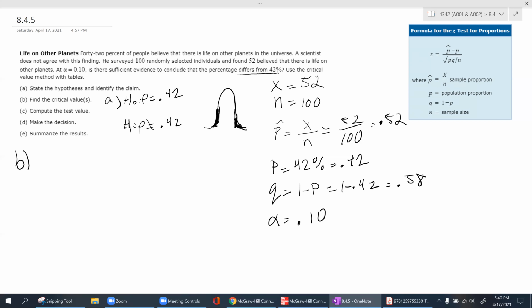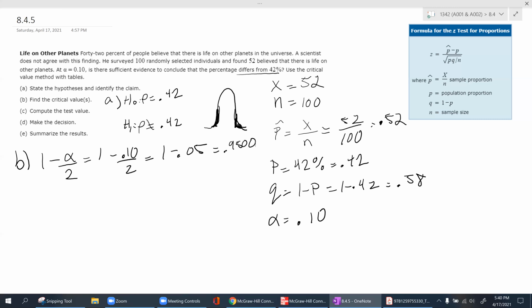Okay, we're going to find our critical values for a two-tailed test. Whenever we're dealing with this z-test, we are going to do 1 minus alpha over 2, which is 1 minus 0.10 over 2, which is 1 minus 0.05, which is 0.9500.